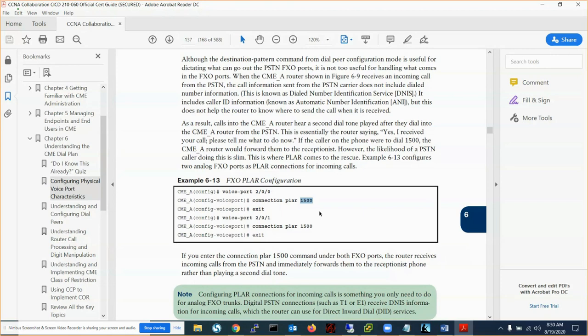So that's a second scenario where you will use this.